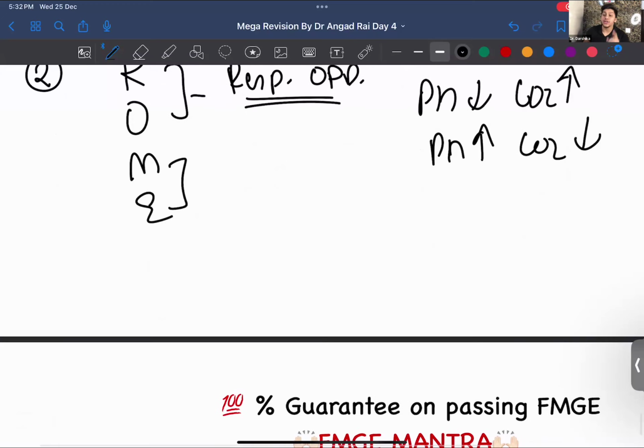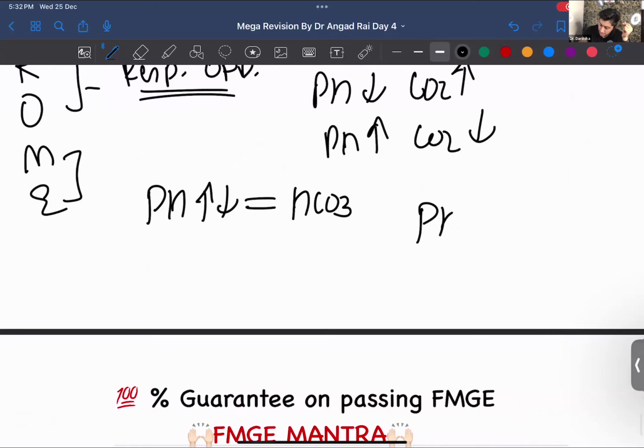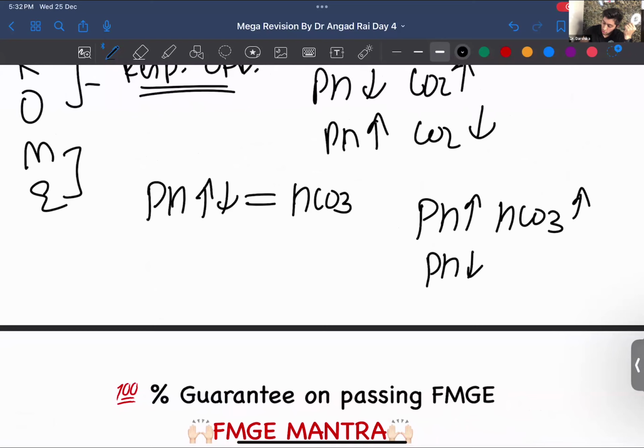To call it metabolic, equal, which means whatever sign of pH, increase or decrease, it should be the same as the sign of bicarbonate. If pH is high, to call it metabolic, bicarbonate also should be high. And if pH is low, bicarbonate should also be low.